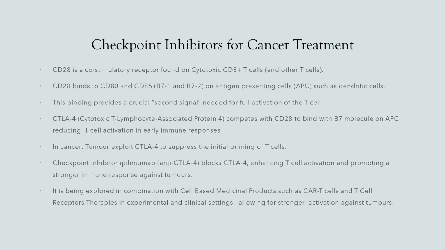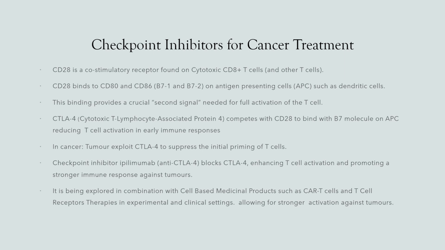Now, as I said, the body produces ways, if you like, of preventing overstimulated T cells, and one of those ways is this CTLA4, the cytotoxic T lymphocyte associated protein 4, which competes with CD28 to bind with B7 molecules on antigen presenting cells, and therefore it reduces the activation in the early immune responses.